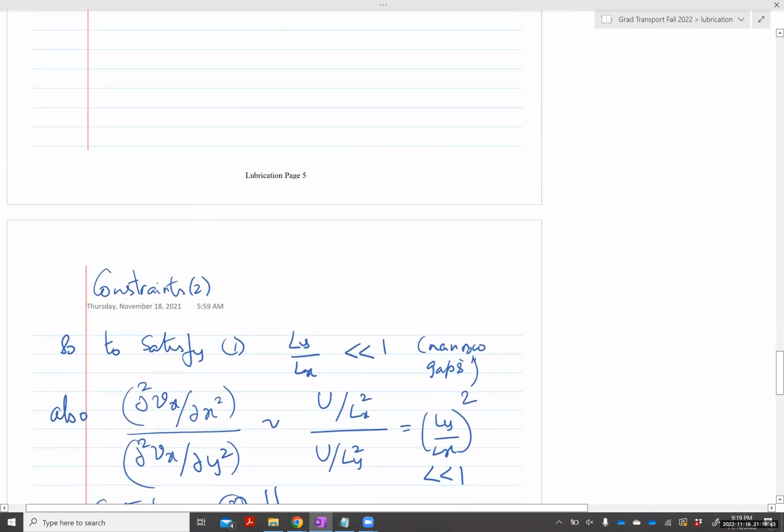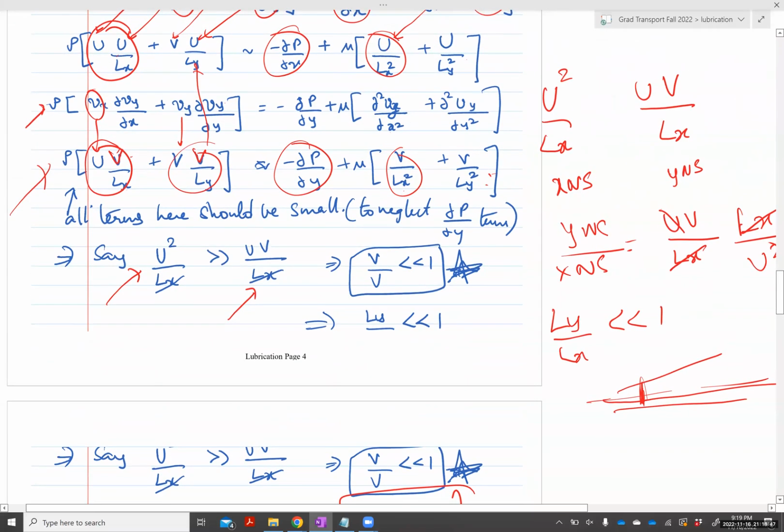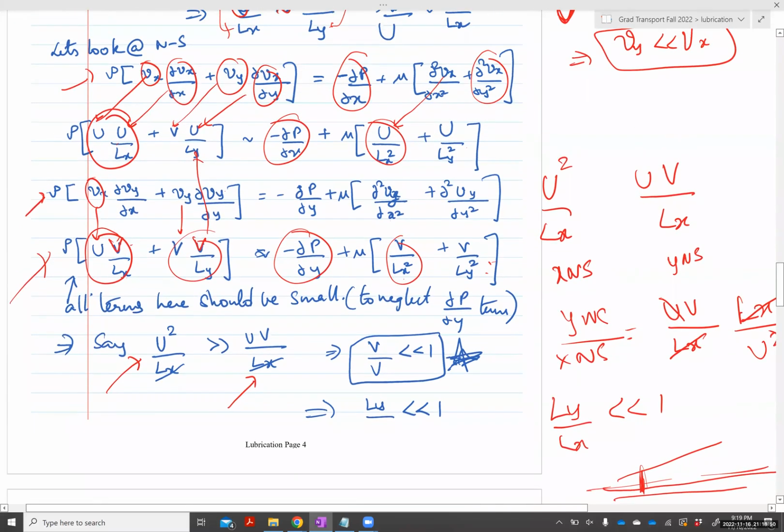Let me write the terms in the x Navier-Stokes again.